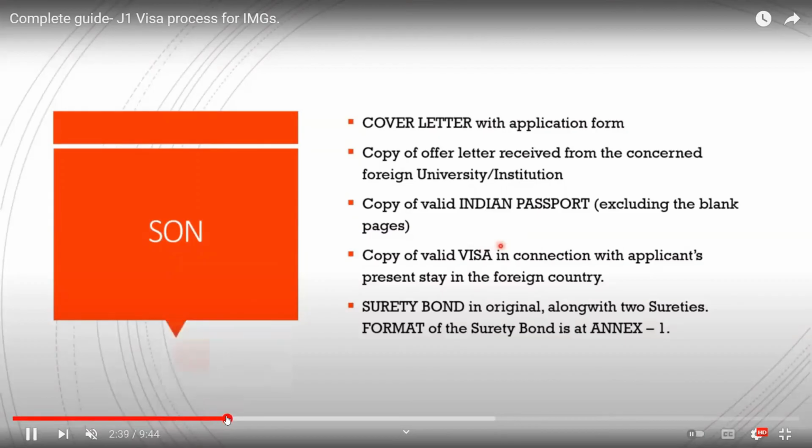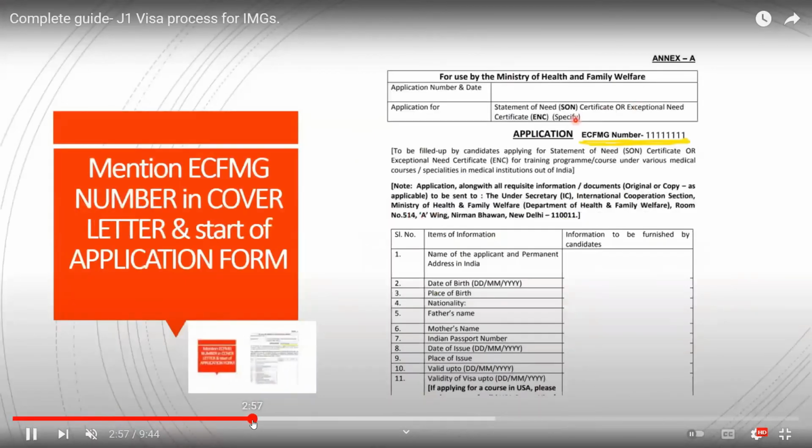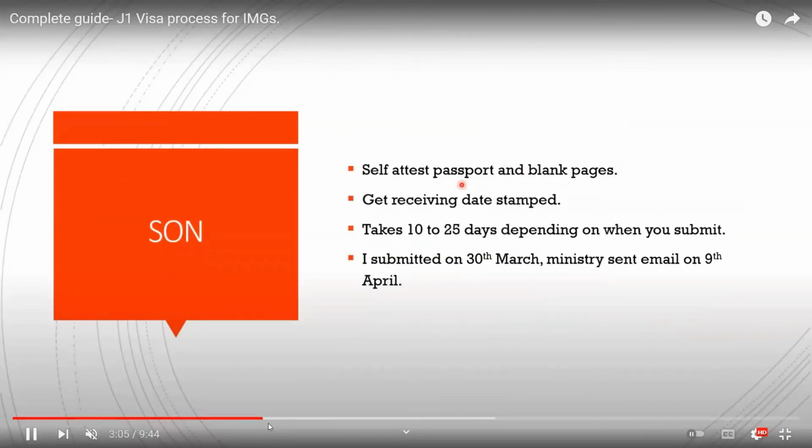And when I submitted my application to the ministry, I made sure that I got a receiving date by the ministry. I made a photocopy of all the documents I submitted in the ministry, and I got a receiving date stamped on the photocopy so that they can be held accountable for that.